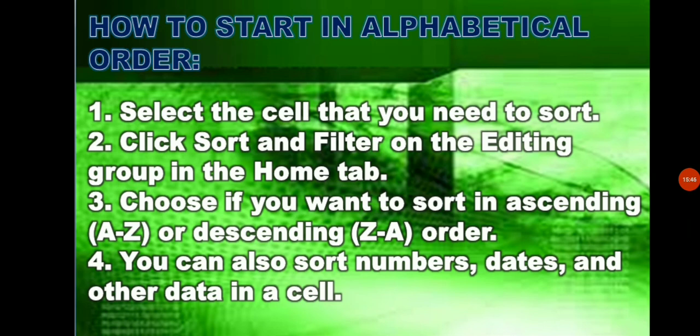To format group, we have to select cell, to select multiple cells, to modify column width, to modify row height, to select the entire worksheet, to enter data in the worksheet, to edit data in the cells, to delete data in the cell, to use the undo and redo buttons, to use click and drag cells, to cut, copy and paste, to use cell styles, to format borders, to change border color, to delete borders, to merge cells, and also included: to wrap text, to use the fill handle to fill data, to fill the active cell, to fill a series of numbers, dates, or other items, and how to sort in alphabetical order.